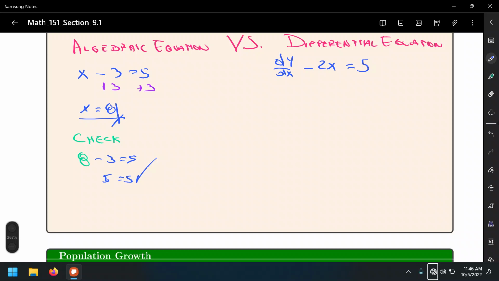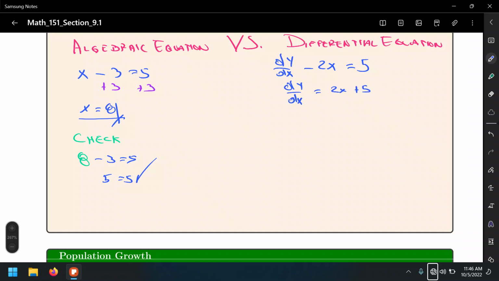In the same way that we move things around in the algebraic equation, we left the variable terms on the left hand side, and the constant terms were moved to the right hand side. So in this case, let's first solve for dy/dx. When we do that, that's equal to 2x plus 5.